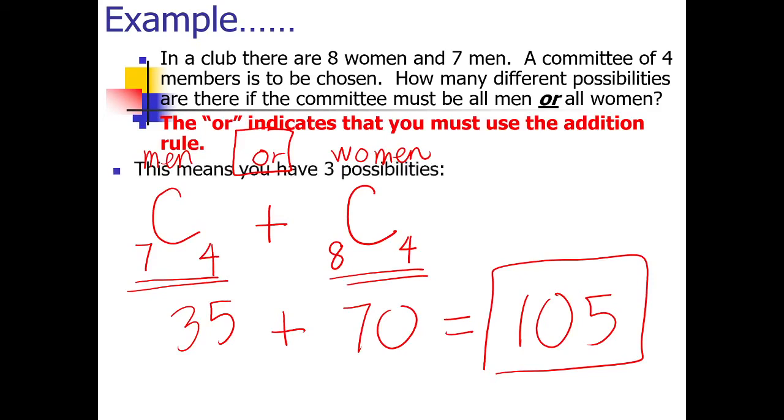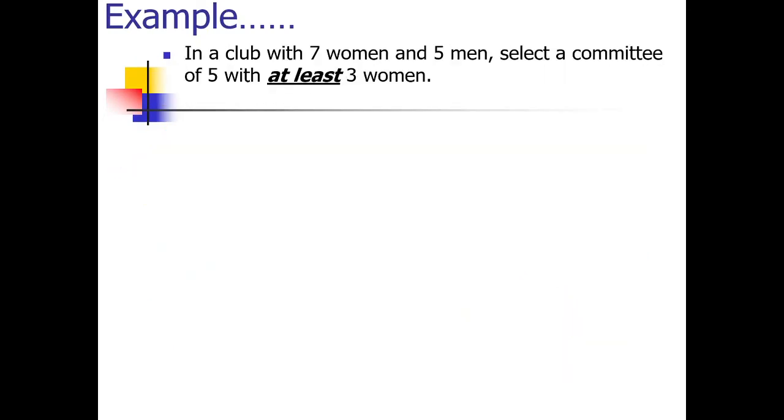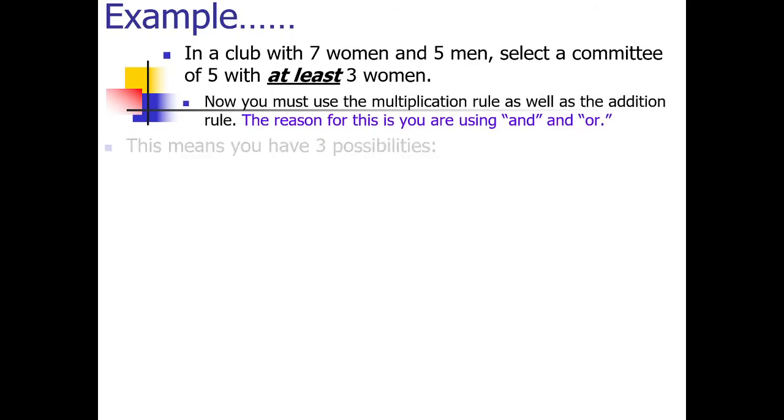Okay. Let's have another one. In a club with 8 women and 5 men, select a committee of 5 with at least 3 women. What are our possible groupings? Go on, you tell me.